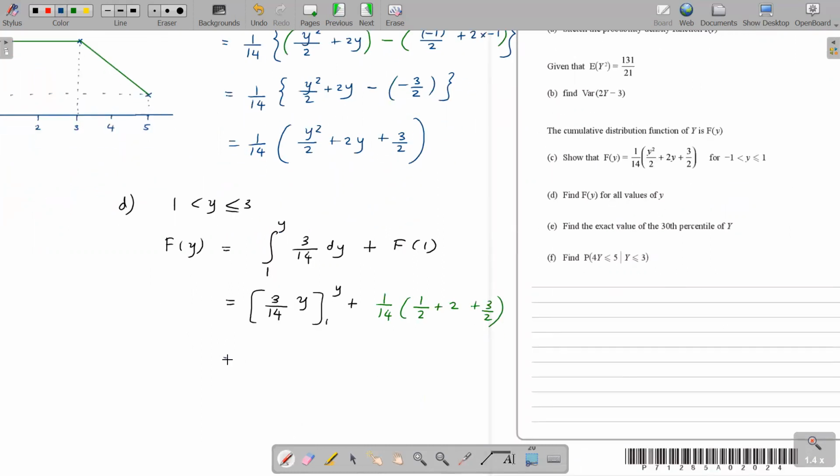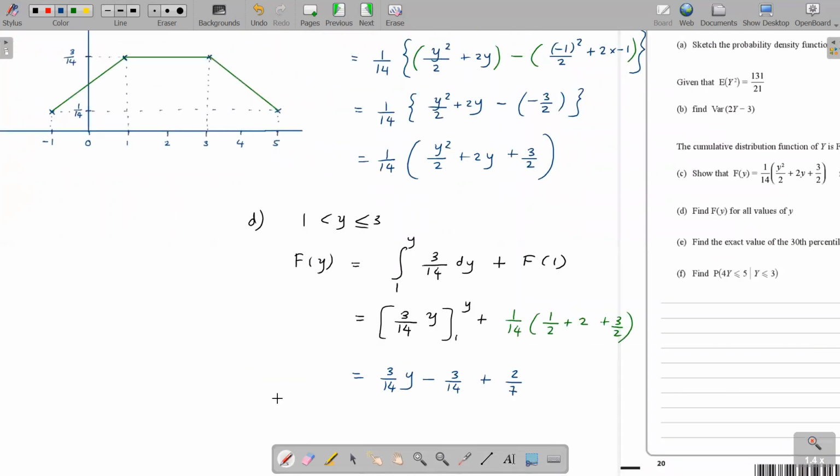So this will be 3/14 y minus 3/14 into 1 when you input the limits. And this is how much you said? This is 2/7. So 2/7 is the full area behind 1. Have a note of it. Capital F(1) is 2/7. So that means the area between -1 to +1, this trapezium area, is 2/7.